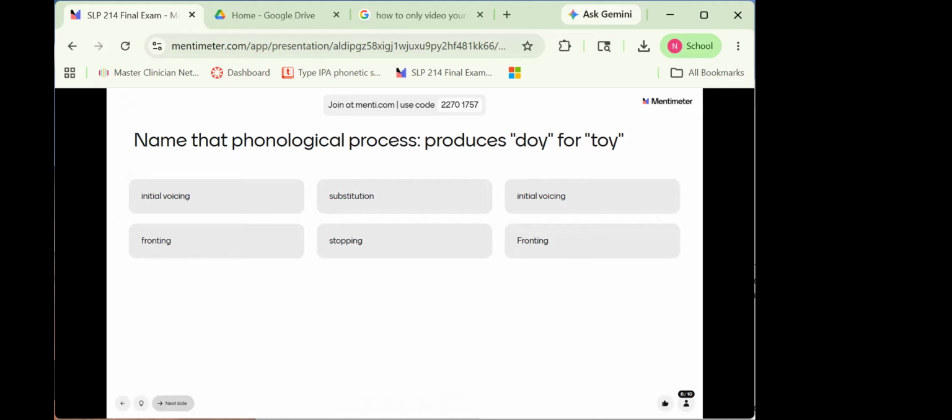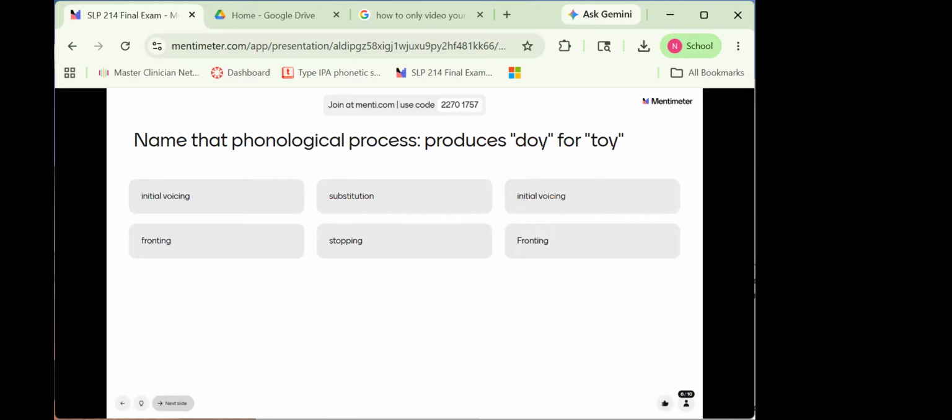And we also talked about how it's a phonological process, right? So remembering that substitution is not a phonological process, it's an articulation term. Fronting is not correct because we're staying in the same position. T and d are in the same spot. They're both alveolar sounds. However, the only difference between the two of them is voicing.